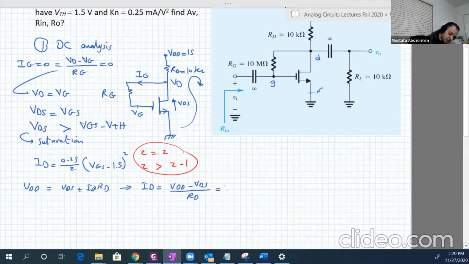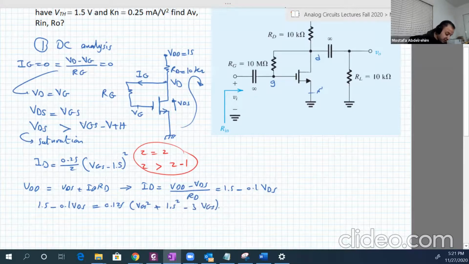Which is basically 1.5 minus 0.1 VDS. So 1.5 minus 0.1 VDS is equal to 0.125, which is 0.25 over 2, times VGS minus 1.5 squared. Expanding this gives a quadratic in VGS.